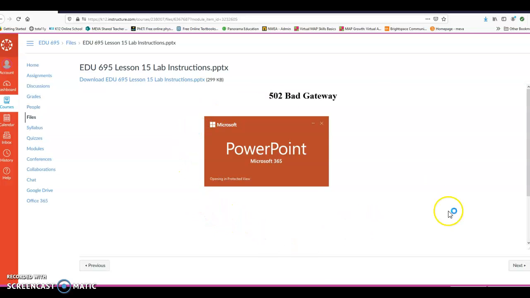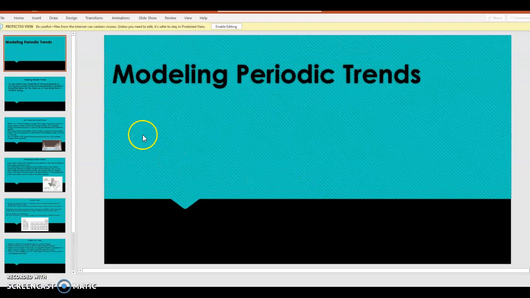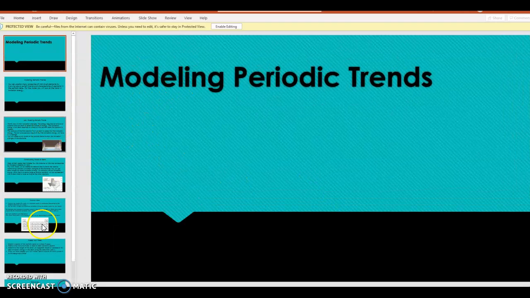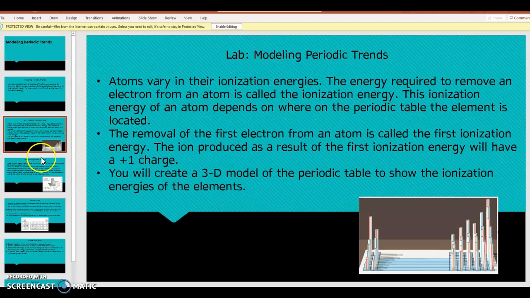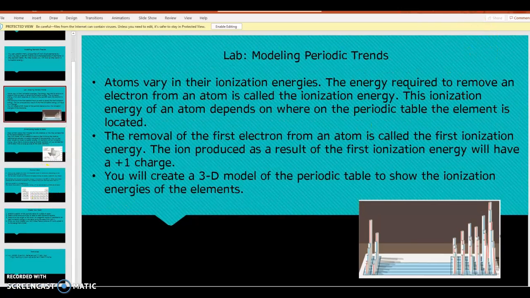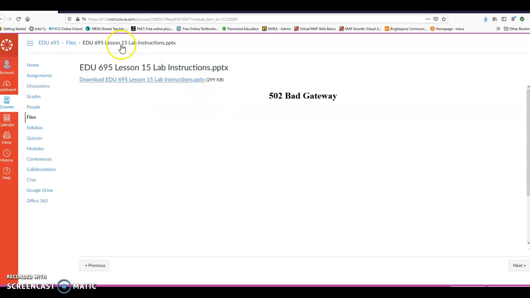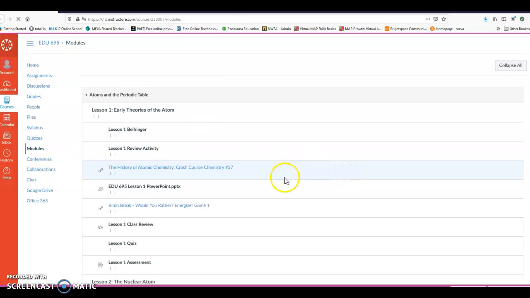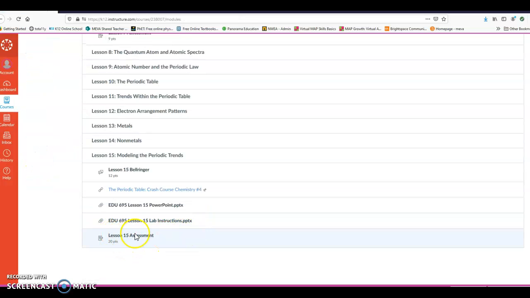So they will choose a certain part of the periodic table. They'll create their 3D model, and then they'll go through the instructions here, and then they'll build their model, and then they can upload their completed model into the assessment.